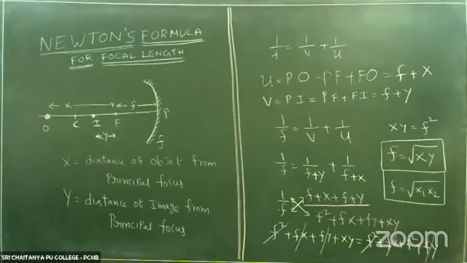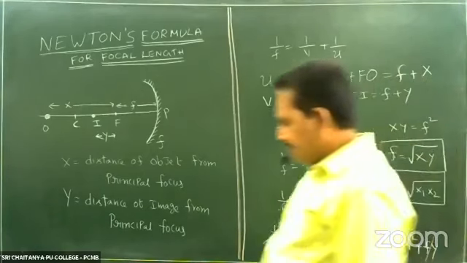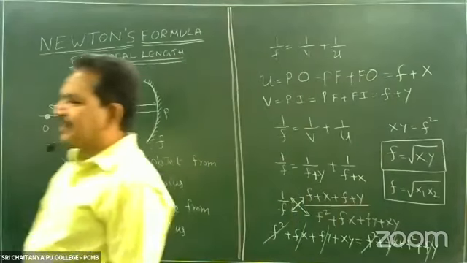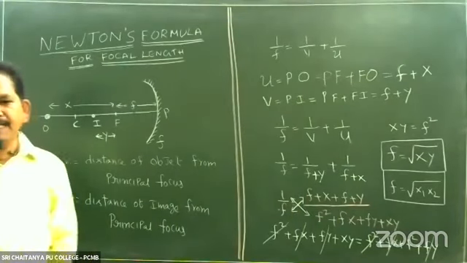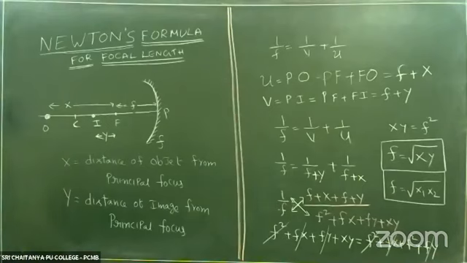The formula can also be written as f is equal to root x1 into x2, where x1 and x2 are the distances of the object and the image from the principal focus. This is the standard formula for the focal length according to Newton's formula.